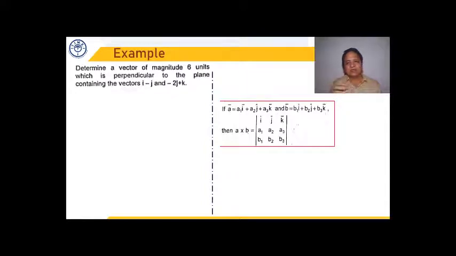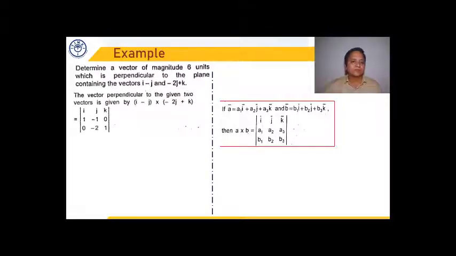How do we calculate A cross B? By using the determinant method: i j k in the first row, coefficients of the first vector in the second row, coefficients of the second vector in the third row. So this vector is perpendicular to both A and B. The vector perpendicular to the given two vectors is given by the cross product of i minus j plus 0 into k and 0 into i minus 2j plus k.